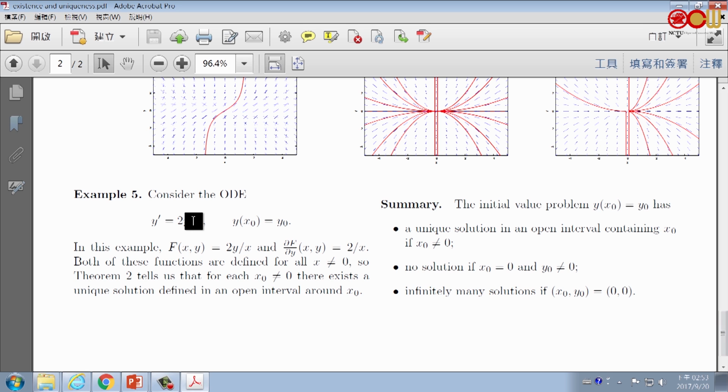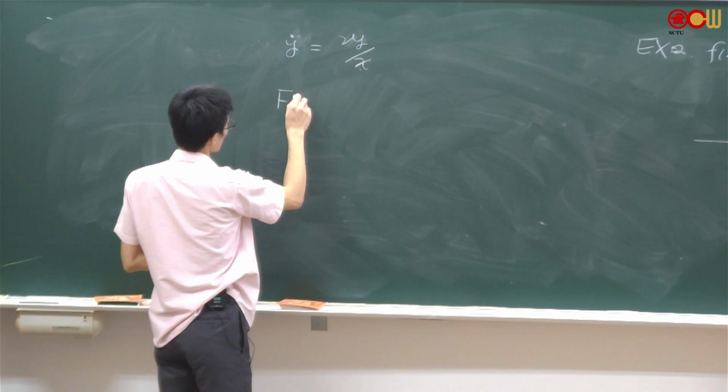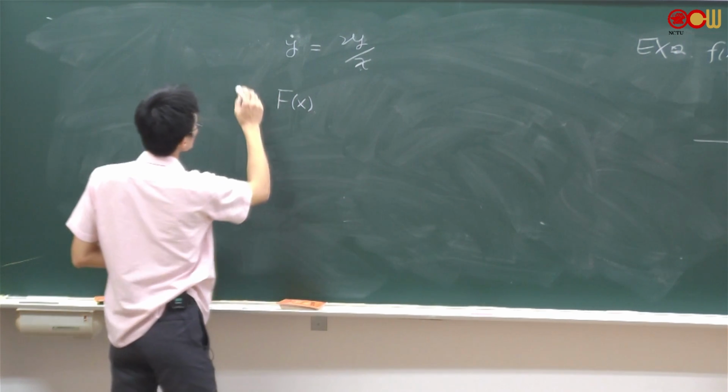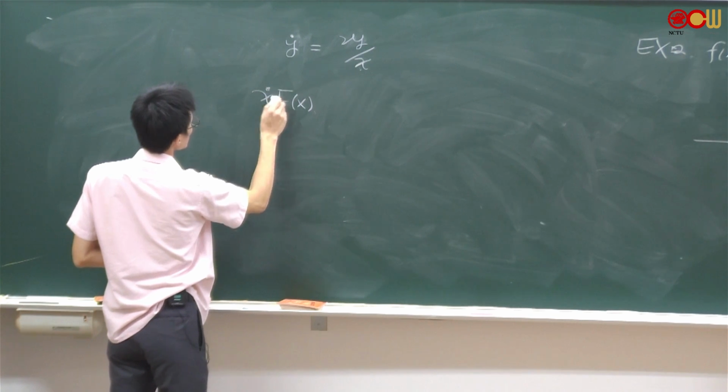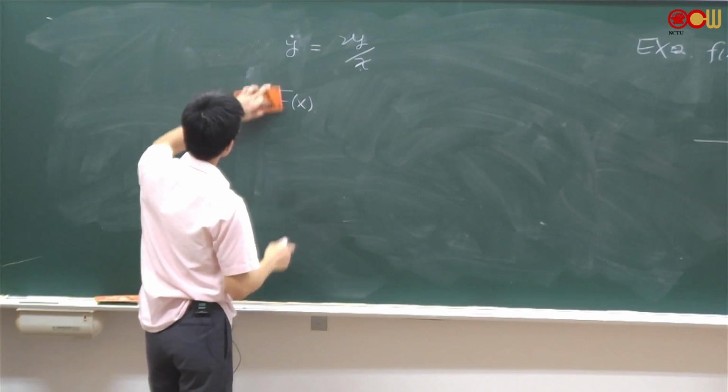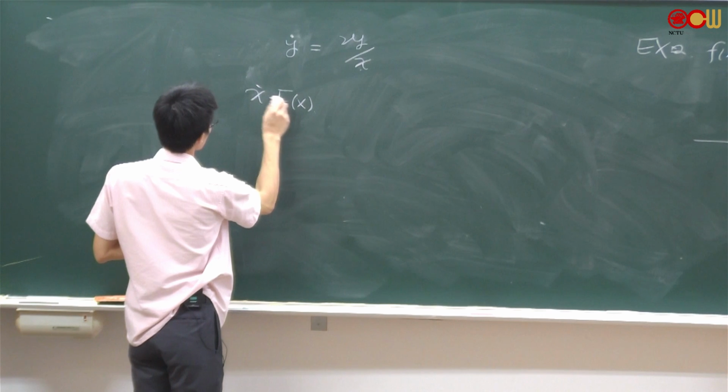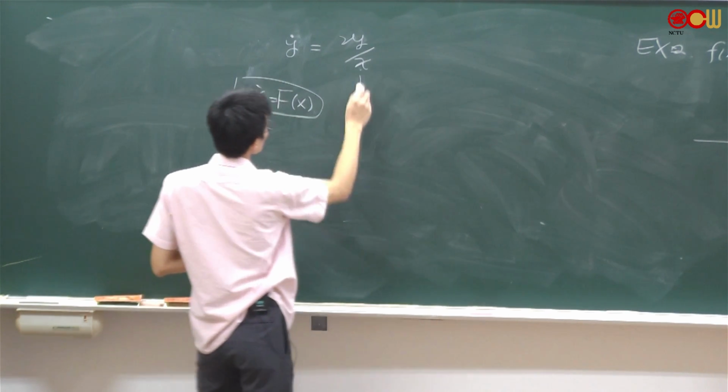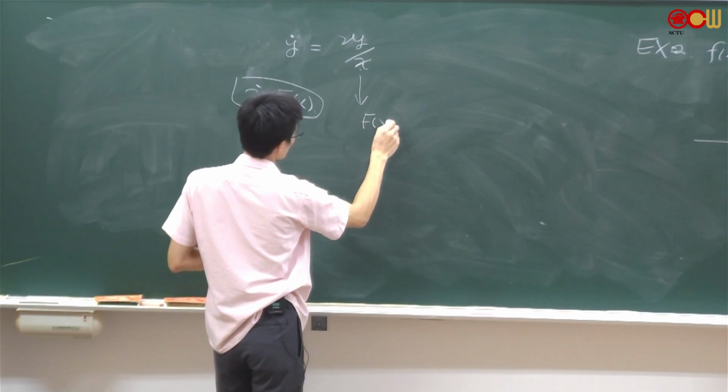These dynamics have multiple solutions here. One red line represents one potential solution, and it has many solutions. So the solution exists but is not unique. Why? Let's look at these dynamics. Based on this, this is capital F(x).